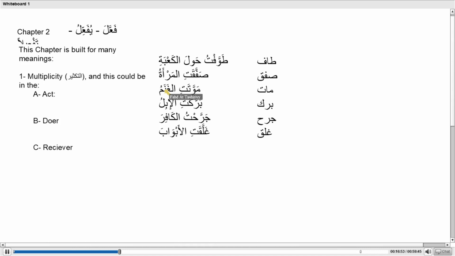That is al-ghanima. The spoils of war is al-ghanima. But al-ghanam is the sheep.